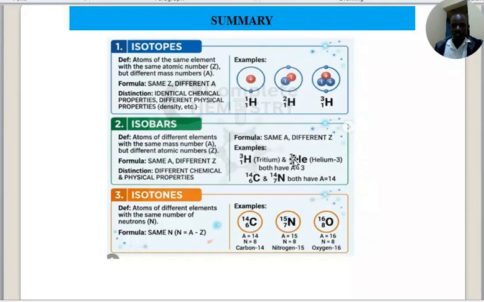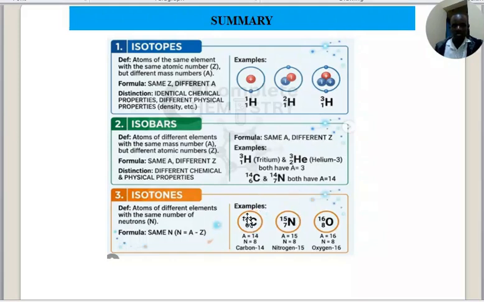They have the same mass number, therefore they are referred to as isobars, which you can see have different number of protons, that is, different atomic number. Same with carbon and nitrogen, they have the same mass number but different atomic number.